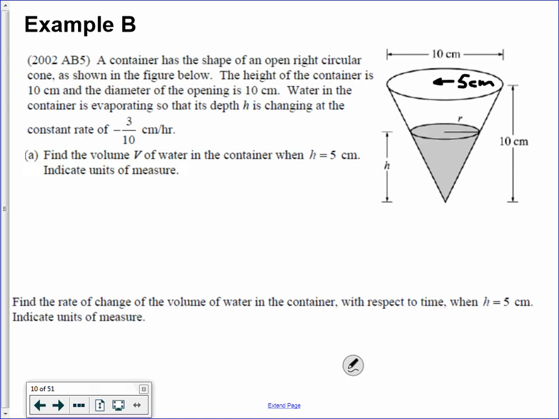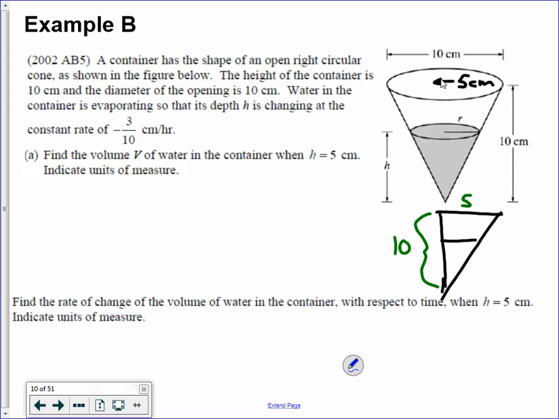Now you might be wondering, what does this have to do with similar triangles? Well, if you could take a slice of this cone, right, and just look at half of it, you actually do have similar triangles here. With the big triangle, its radius is 5, and its height is 10.